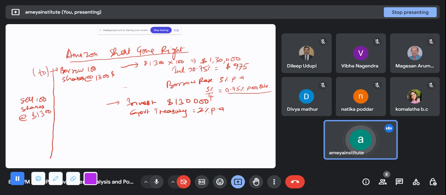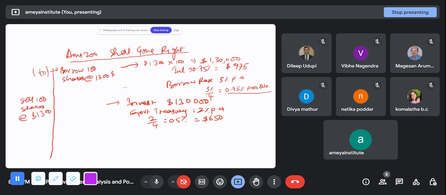So again I will convert this 2% per annum into quarterly. So every quarter I will get interest of how much? 0.5%. So on 1,30,000 I will earn interest of 1,30,000 into 0.5, which is 650 rupees, right?